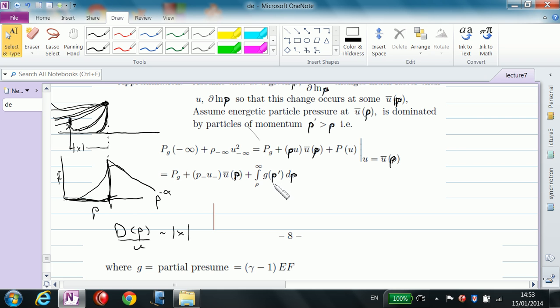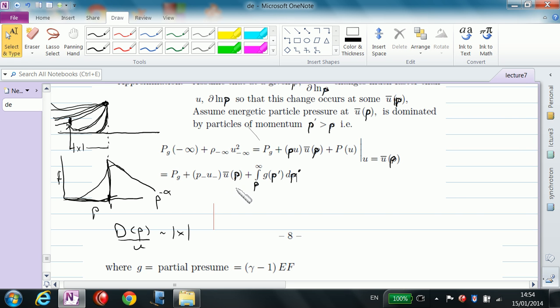G of P prime is the value of F P prime at the shock, and this is P prime, and I just integrate from P to infinity. That's the pressure felt by, P is the momentum of a given particle.